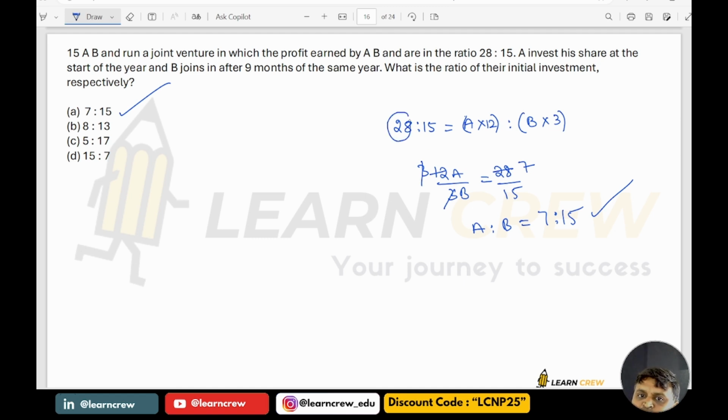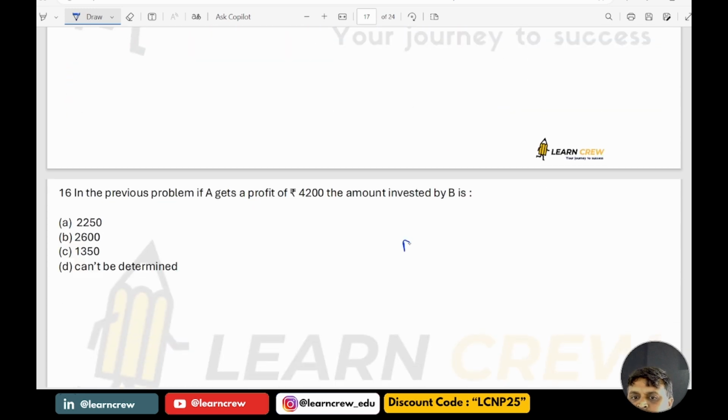So A's profit is 28 parts, which is given as 4,200. So B's profit is how much? B's profit is 15 parts. So we can find out B's profit.